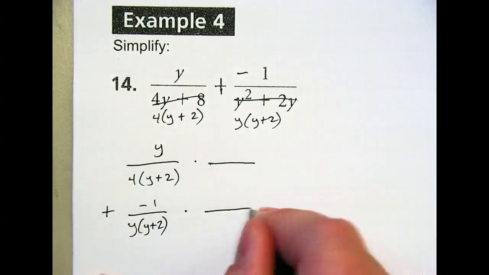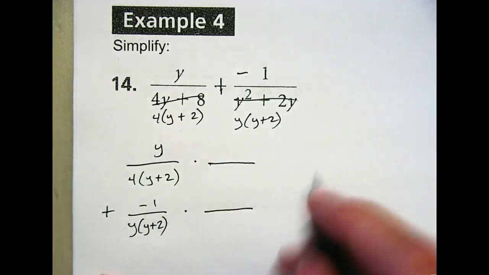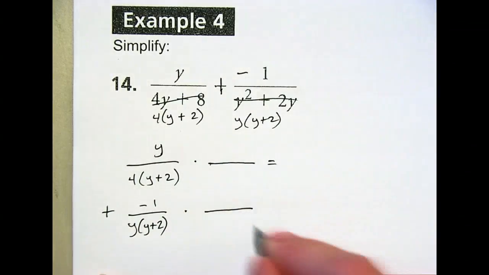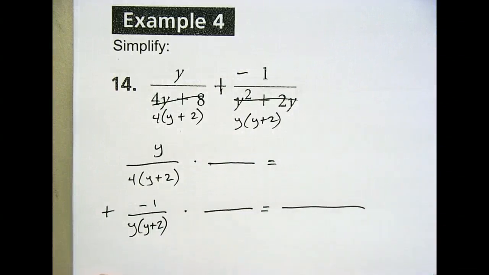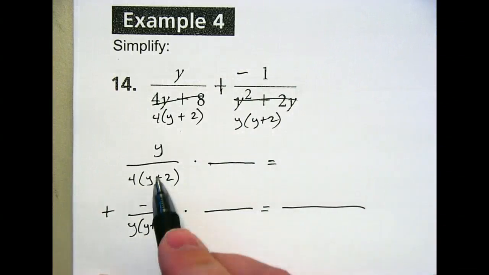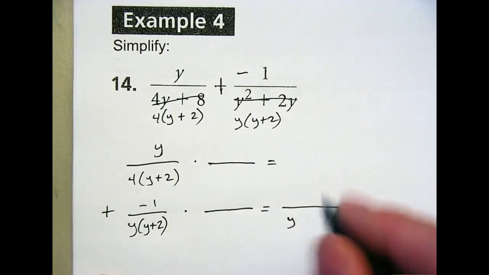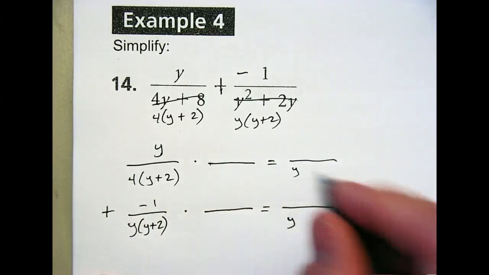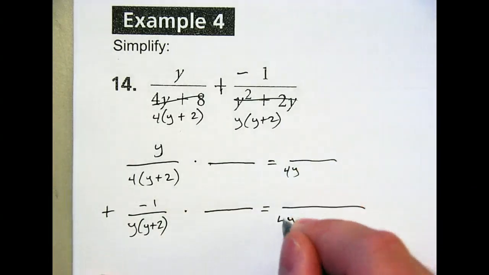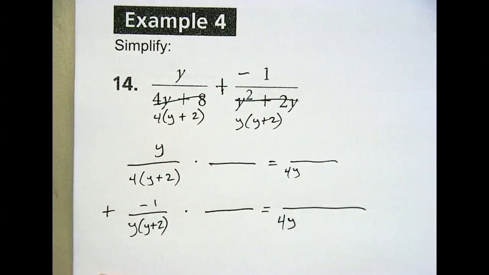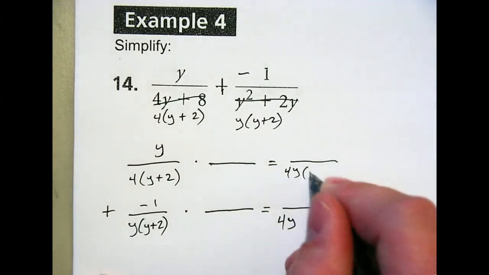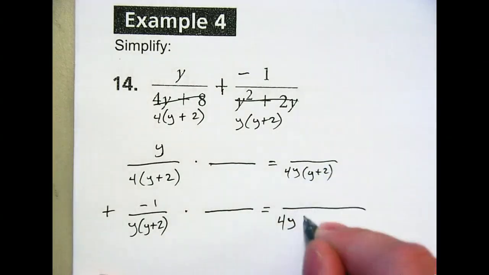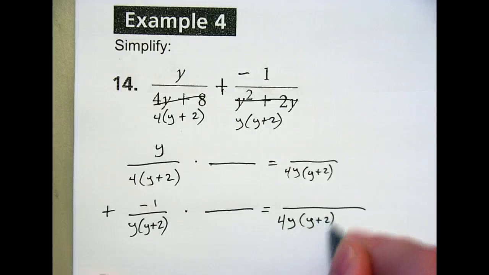What do we need to multiply by? We need to find the common denominator. This has a y. Does that one have a y? No, we need the y. This has a 4. That one doesn't. We need a 4. And they both have a y plus 2. So it's 4y times y plus 2.